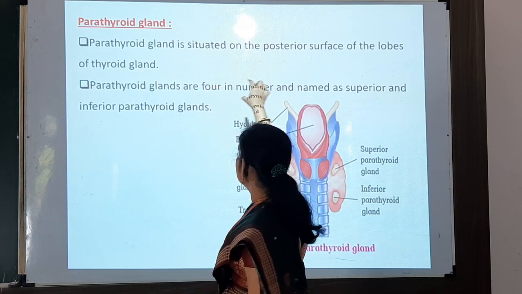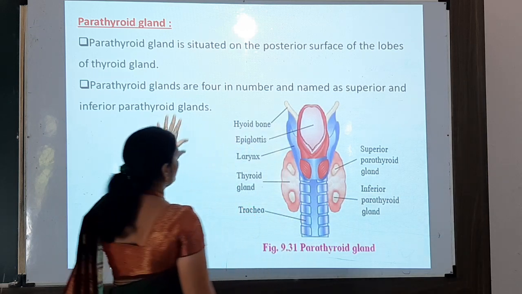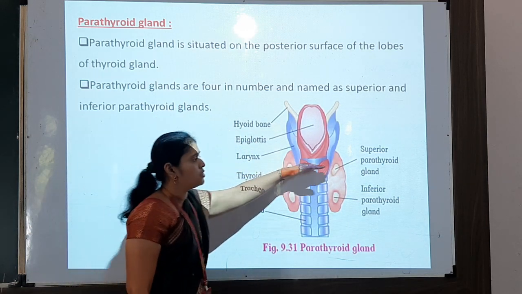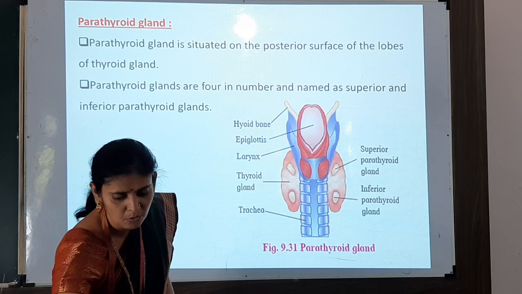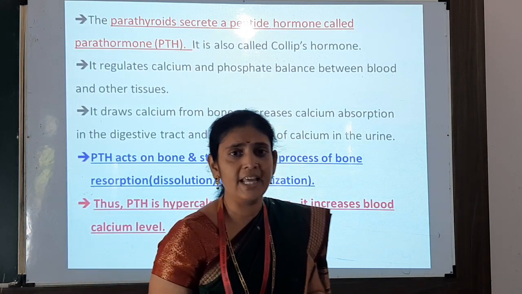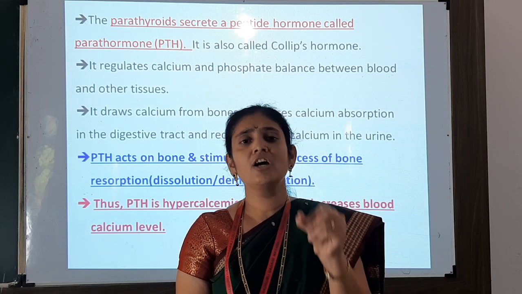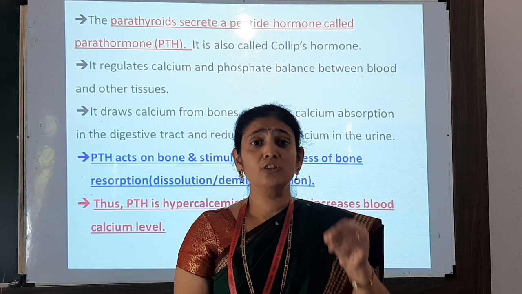These parathyroid glands are situated on the posterior surface of the thyroid gland, and these are 4 in number, named superior and inferior. Now we have to see the hormone secreted by this gland, which is called PTH, parathyroid hormone or parathormone.